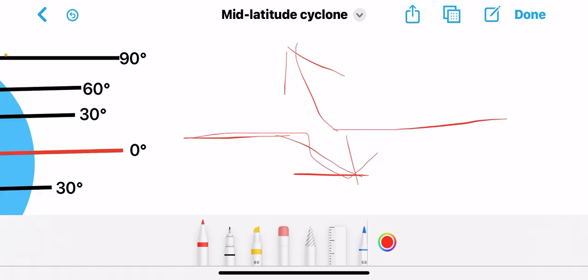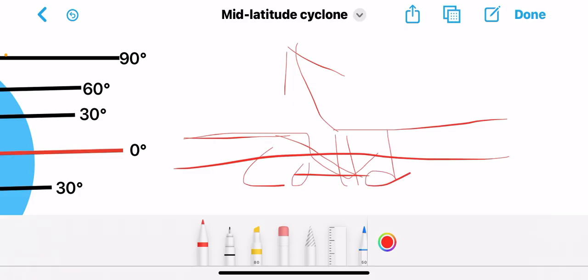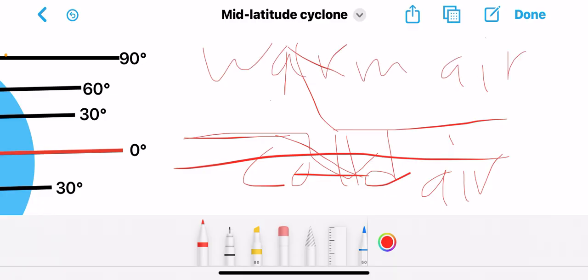And once it is undercut, the warm air will be isolated from the ground. On the ground, we'll only have cold air. Then in the atmosphere, we'll have warm air. Hence, an area of low pressure will be created with a clockwise air circulation in the southern hemisphere.